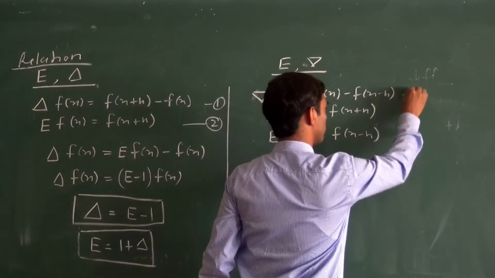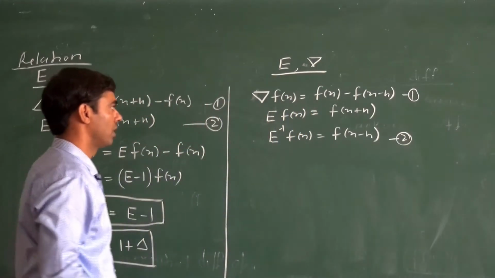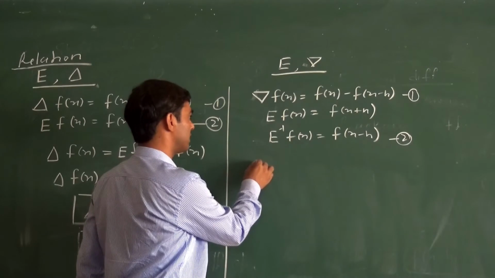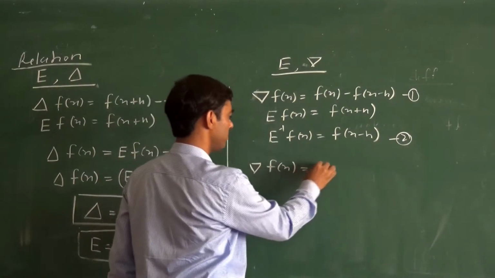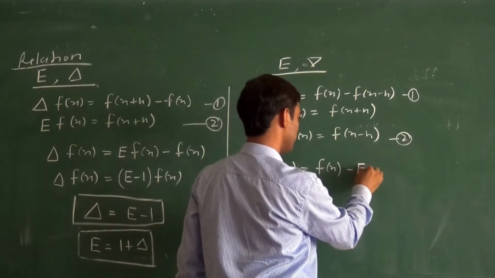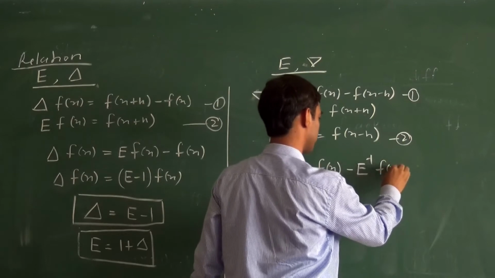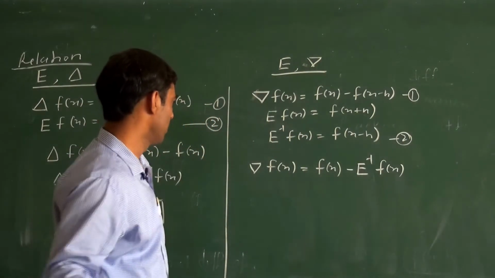Suppose this was equation 1 and this was equation 2. From 2, ∇f(x) becomes f(x) − E⁻¹ f(x). Now, what is the relation?